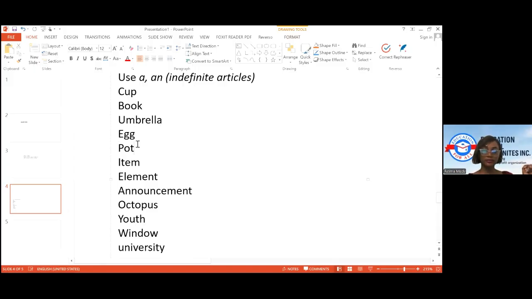A pot. Yeah, a pot. The next one. An item. Okay. The next one. An element. An element. The next one. An announcement. An announcement.